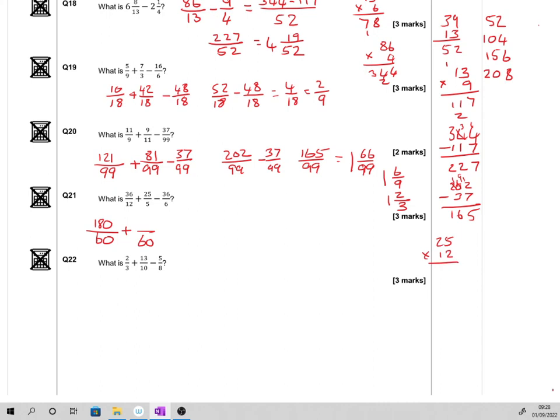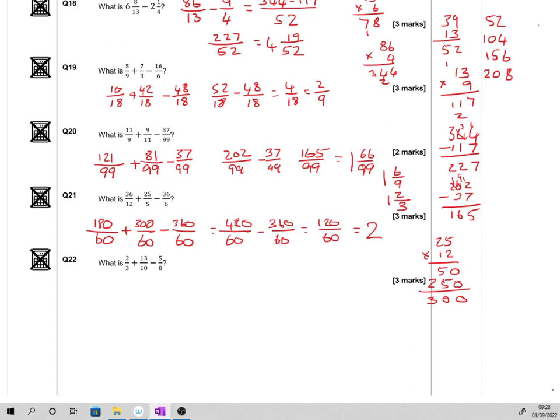These are not easy, are they? 2 5s are 10. 2 2s are 4. That's 5. 300 minus 360 over 60. So that's 480 over 60 minus 360 over 60, which is 120 over 60, which equals 2.